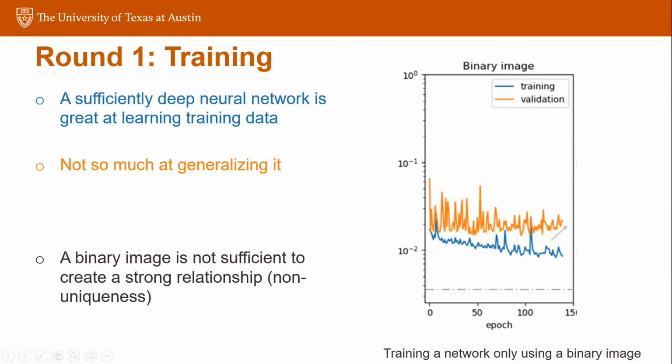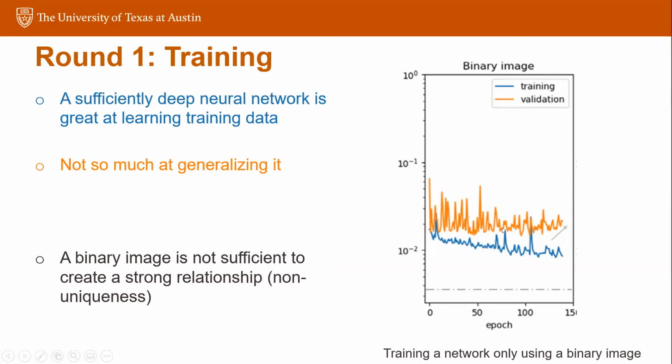So what we learned from that example was that a sufficiently deep neural network was great at learning data. So in this plot, you can see error versus training time. And the blue curve shows the error being decreased. So that means that the neural network was learning something about the data. The problem is that the orange curve shows unseen data.